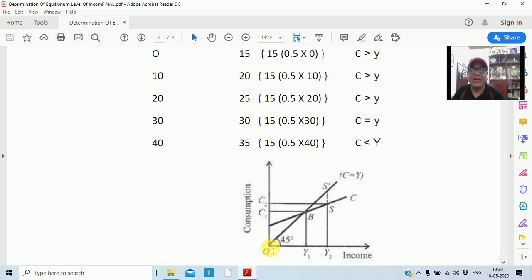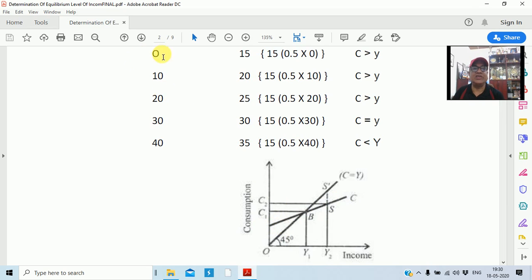That's why the consumption curve does not start from 0. It will start from some point on the y-axis, which indicates that even at 0 level of income, consumption can't be 0. Then further, as income increases, consumption also increases. That's why it is upward sloping. This is your consumption function, upward sloping.